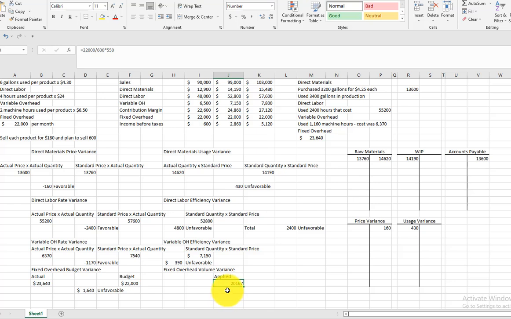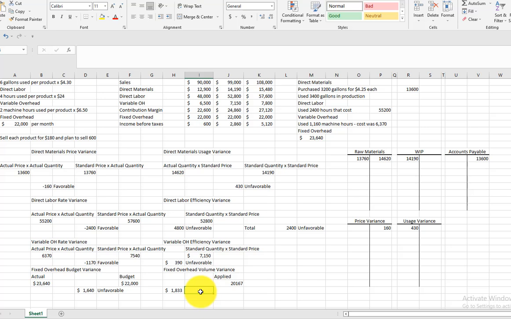I'm going to go ahead and round that. And I'm not too worried about whether that's favorable or unfavorable, because remember, it's really not controllable by the manufacturing process.